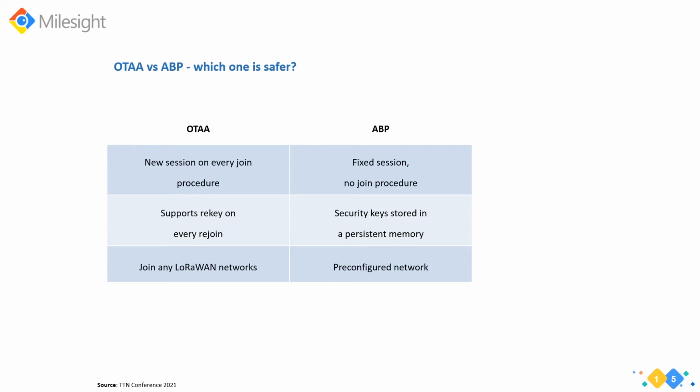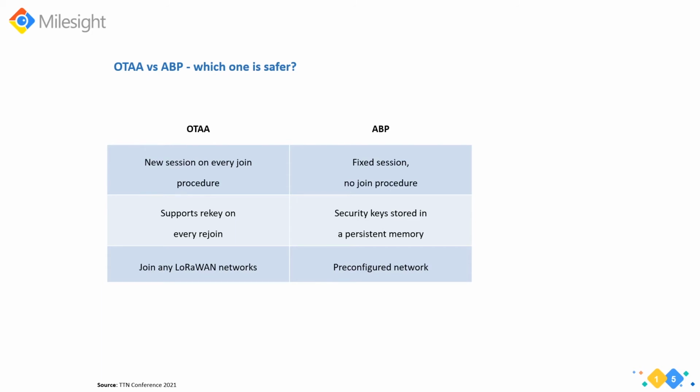And if you want to switch from one network to another, for example, if it's a LoRaWAN-based GPS tracker moving from one country to another country, then the end device just sends a join request again to go through the join procedure.